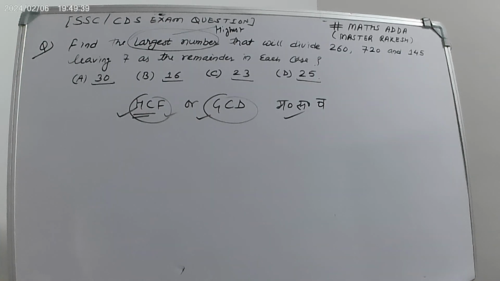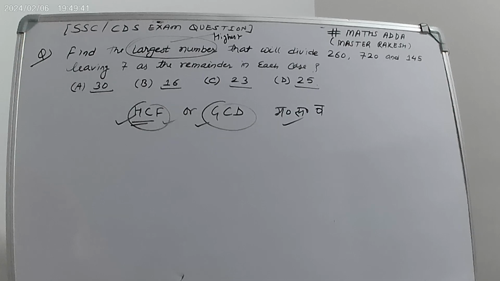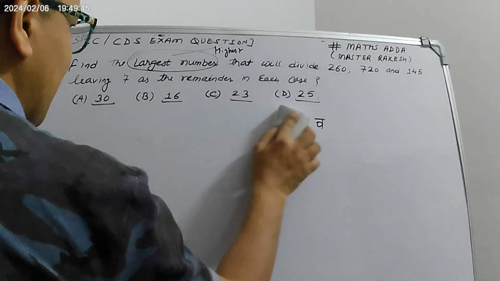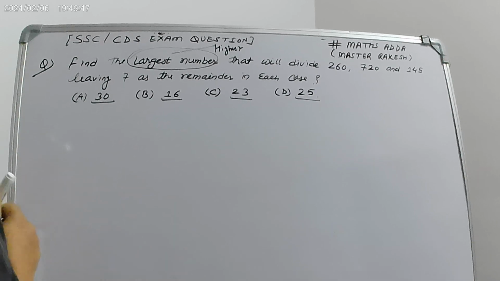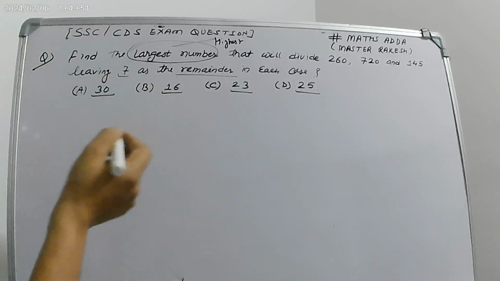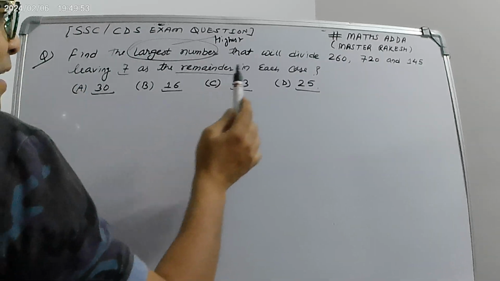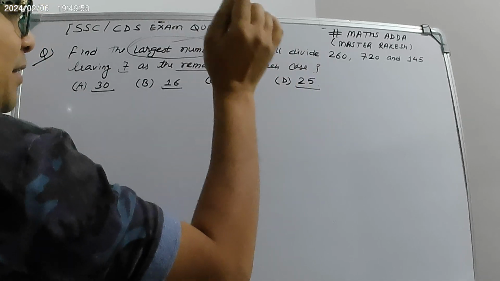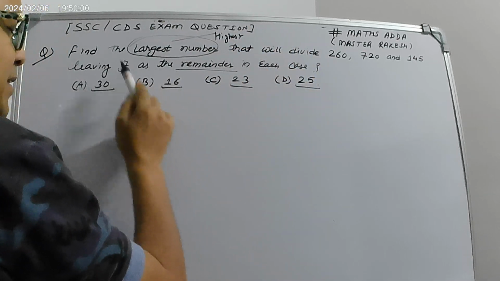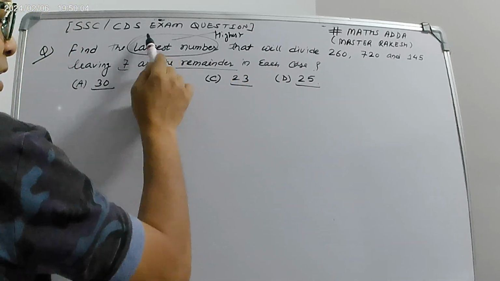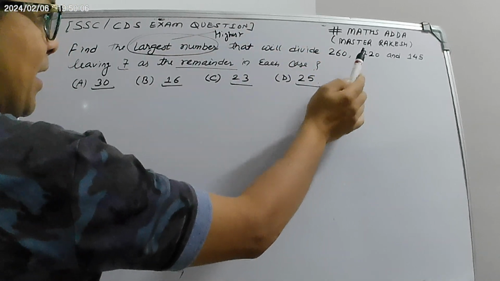The second step: whenever they are leaving a remainder in each case, whenever you divide this number by that number, 7 will be the remainder.